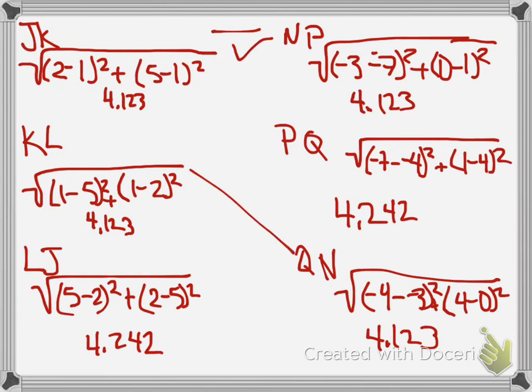It's more that KL and QN go together, and PQ and LJ go together. So I may have to reorder this, maybe try something like JKL is congruent to NQP. That way I establish which two sides need to be moved around, and maybe that helps me make sure that the points are what they need to be.